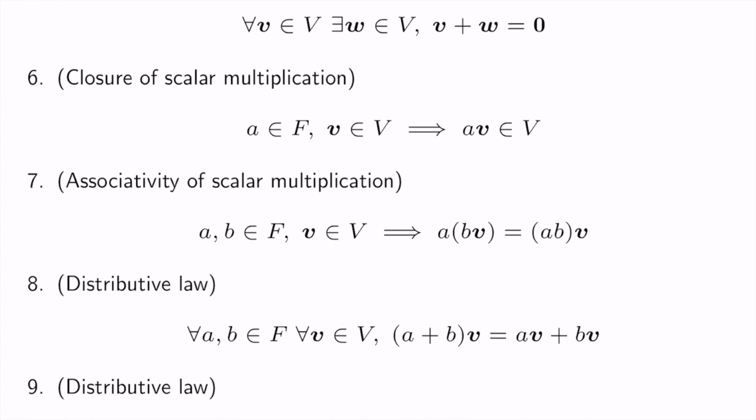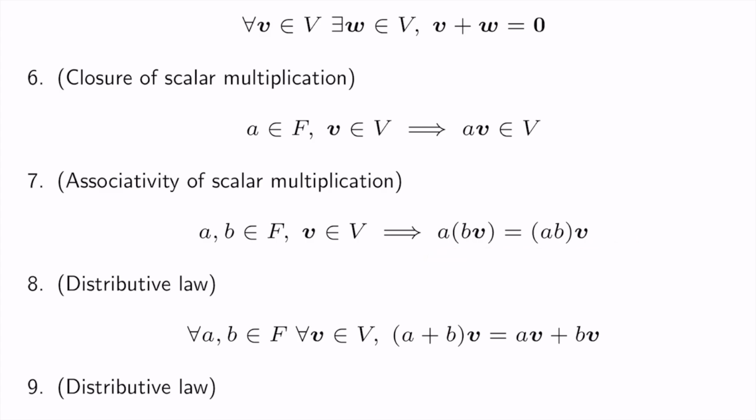And next, associativity of scalar multiplication. Let a and b be elements of the field F and v be an element of V. Then first multiply b and v, then multiply by a. This should be equal to first multiplying a and b. This a times b is the operation within the field F. Then we multiply that product to the vector v, and they give the same result.